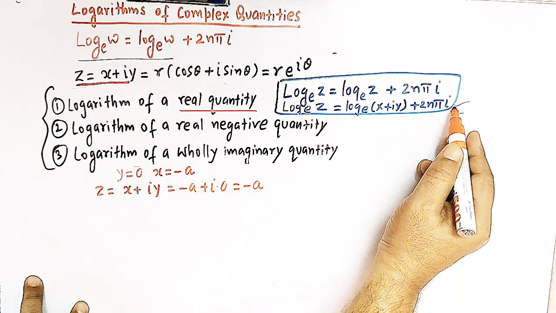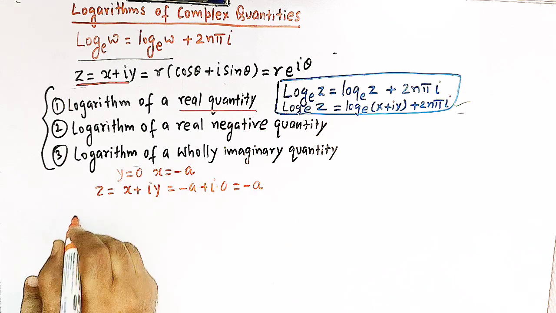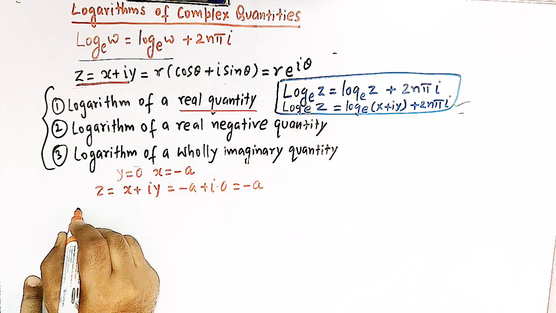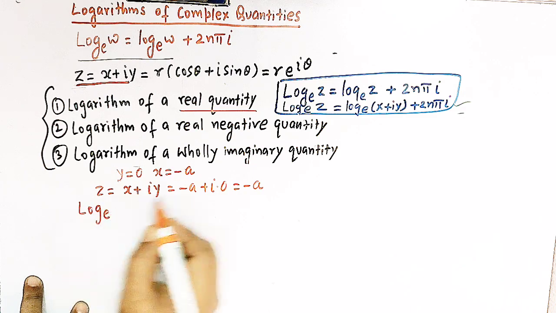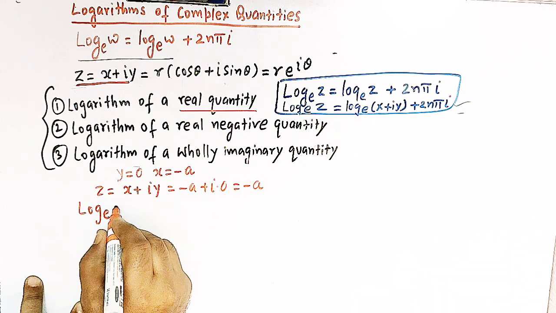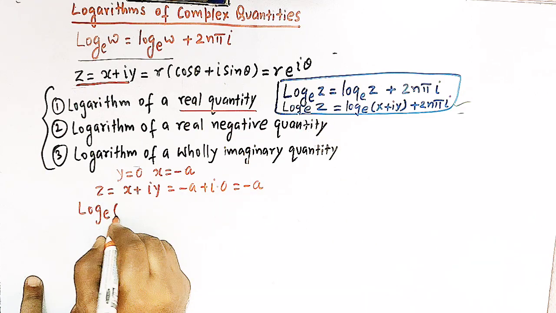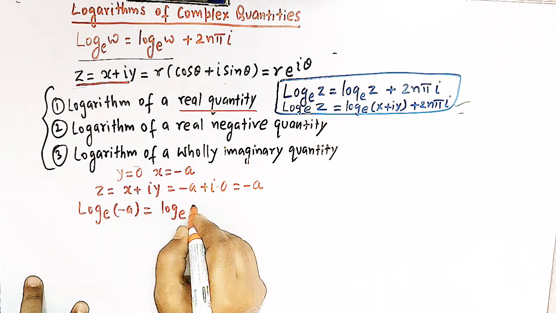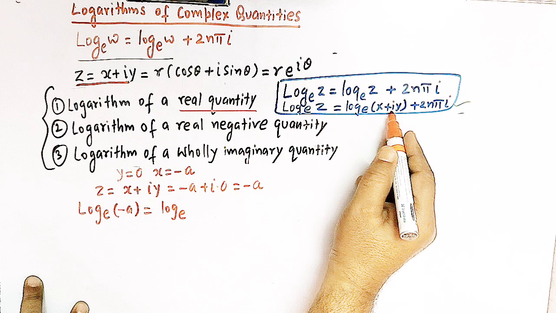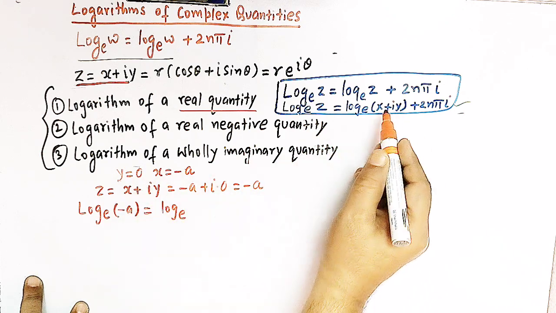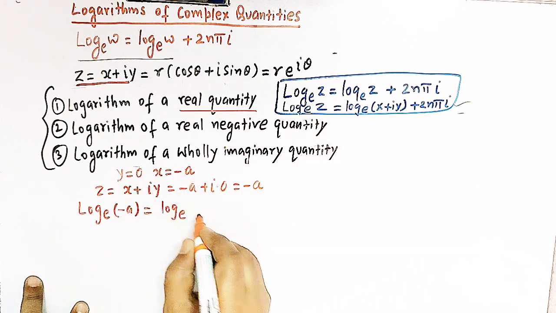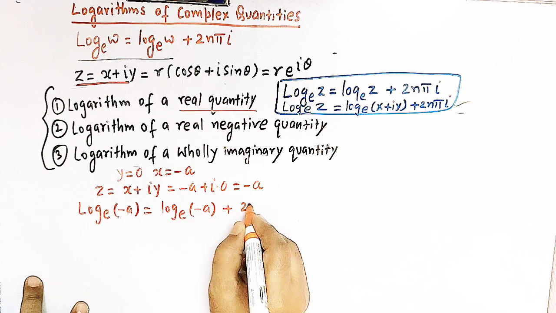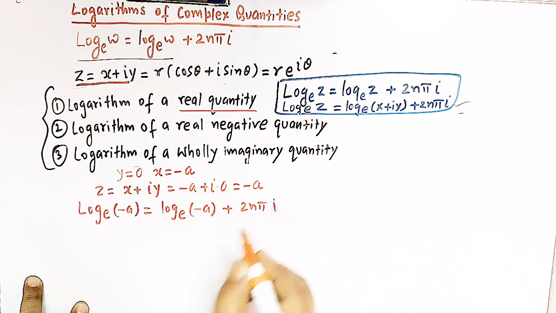So now using this expression for the general value of the logarithm of z, in this case z is equal to minus a. So here we have log e of x plus iota y, where y is 0 and x is minus a, so we have minus a, and then 2n pi I, right?